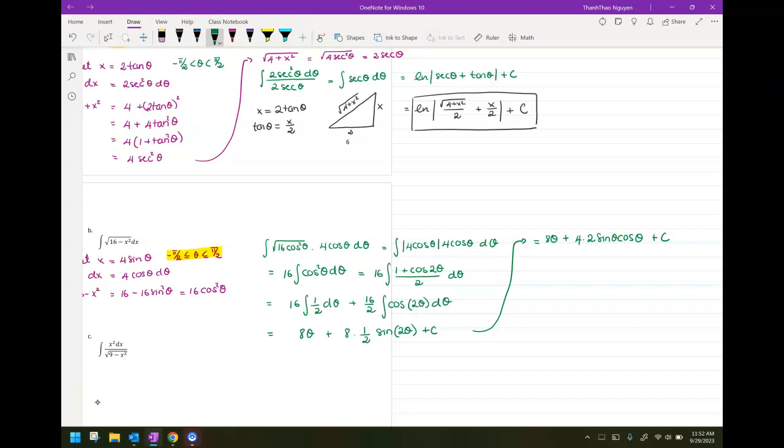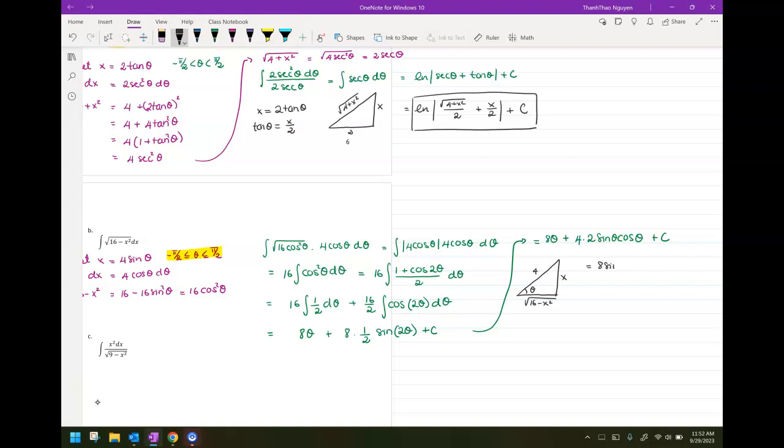Let's start with our triangle, and we rewrite this whole thing in terms of x. If x equals 4 sine theta, then sine theta equals x over 4, and the adjacent side is the square root of 16 minus x squared.